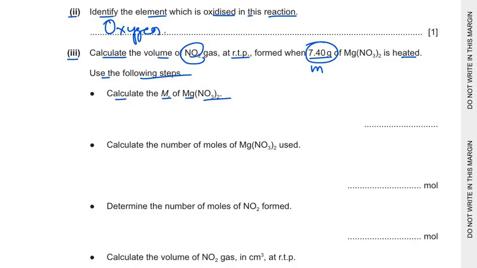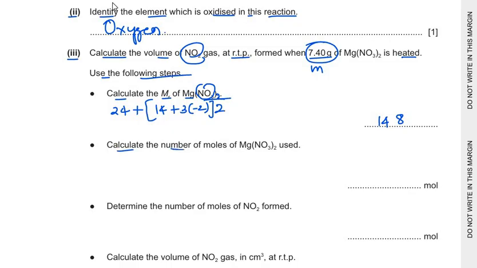So for magnesium, we can look into the periodic table and find out that the Ar, that is relative atomic mass, of magnesium is 24, plus nitrogen is 14 and oxygen is 3 into 16, because here it is O3, and the whole has to be multiplied by 2 because nitrate is twice. So if you calculate this, we get a total of 148. So this is the Mr, that is relative molecular mass of magnesium nitrate.